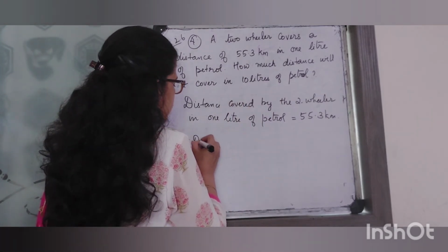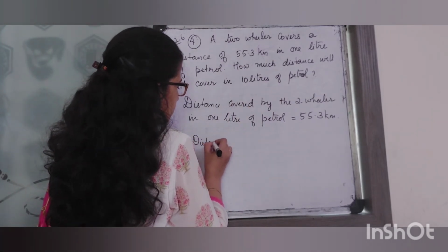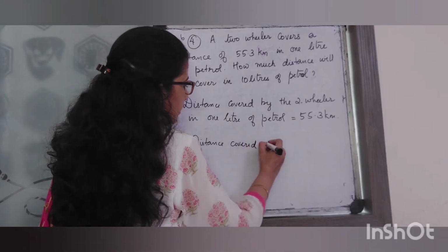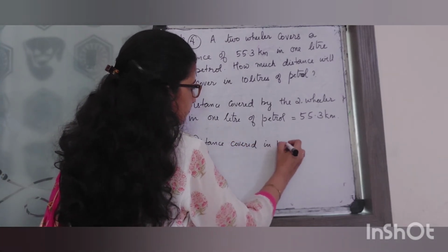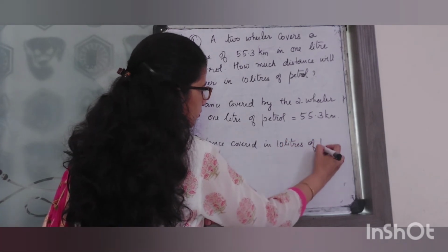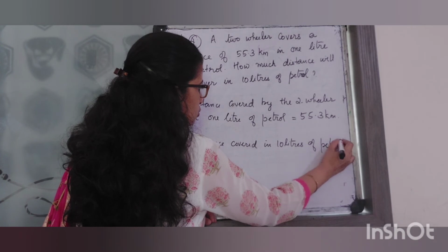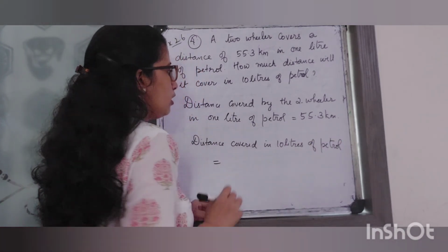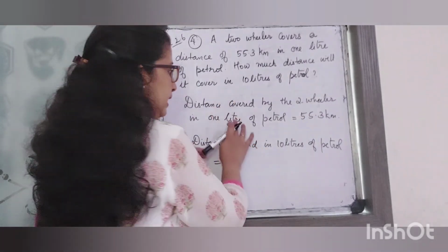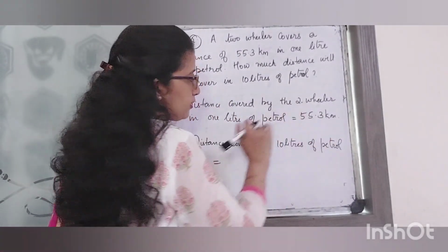So again, distance covered in 10 liters of petrol, what should we do? We have to multiply this number by 10, correct? For 1 liter, distance covered is 55.3 kilometers.